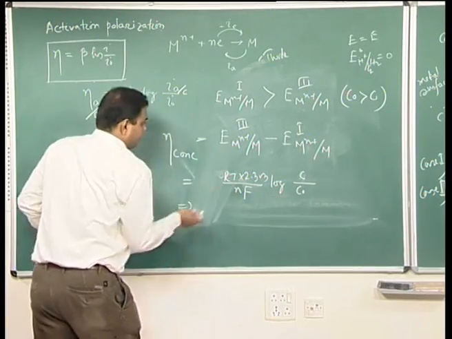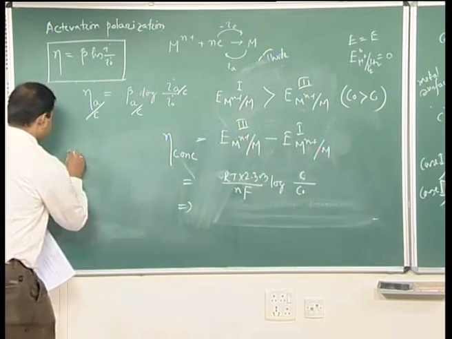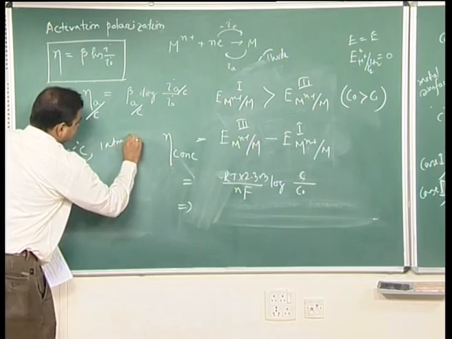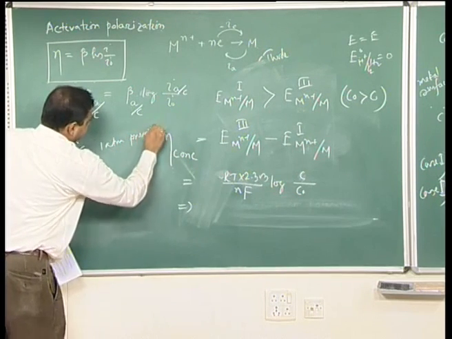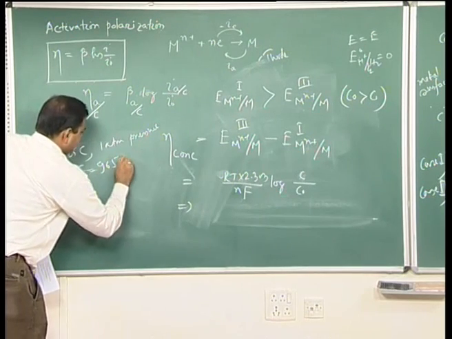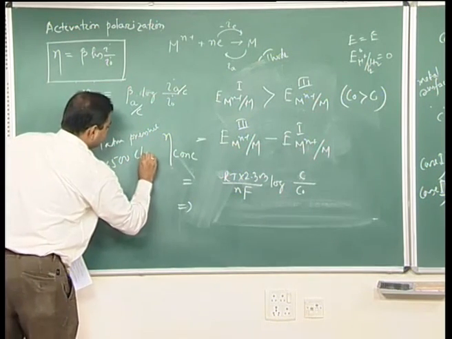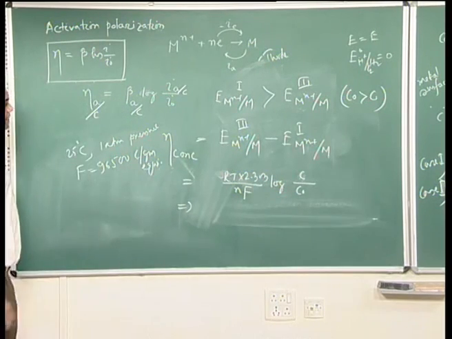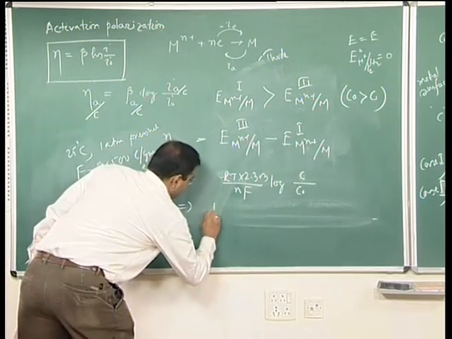Now, if it is happening at 25 degrees Celsius, 1 atmosphere pressure, and F equals 96500 coulomb per gram equivalent, then this value would be 0.059 by n.